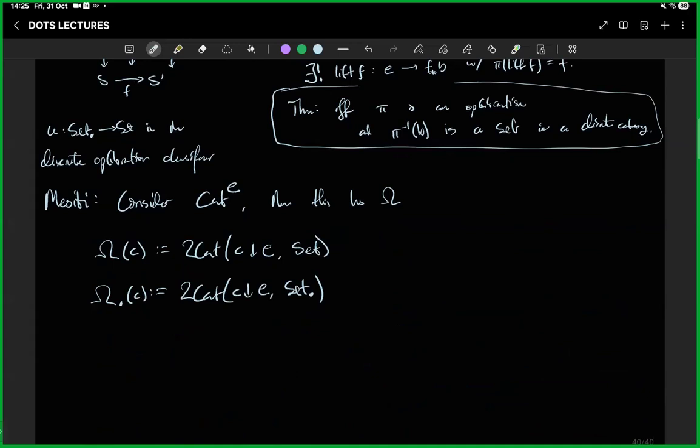So there's a sense in which it just so happens that when you take the comma over the inclusion of yes in the poset thing, you end up with something which is still terminal, but in this case, you generate something wholly new. Anyway, I won't go into that. Right, so we have our universal map, and that universal map is induced by post-composition by the universal map in cat, as you can see. Okay. Right, so this is a discrete opfibration classifier.